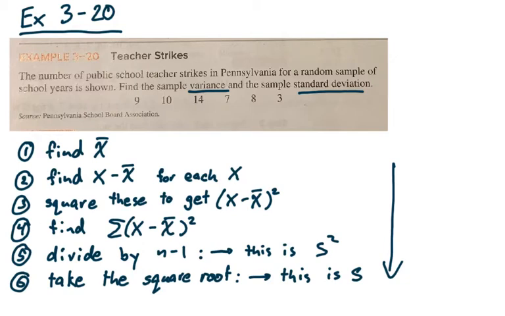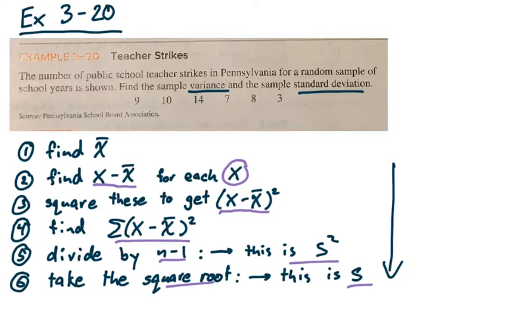Then we calculate these differences, the data value minus the average value for each data value. Then we square these one by one, and add up those values. Then divide by n minus 1. That would be the variance. If we take the square root of that, then we would have the standard deviation. And that's what we're going to do for this example.